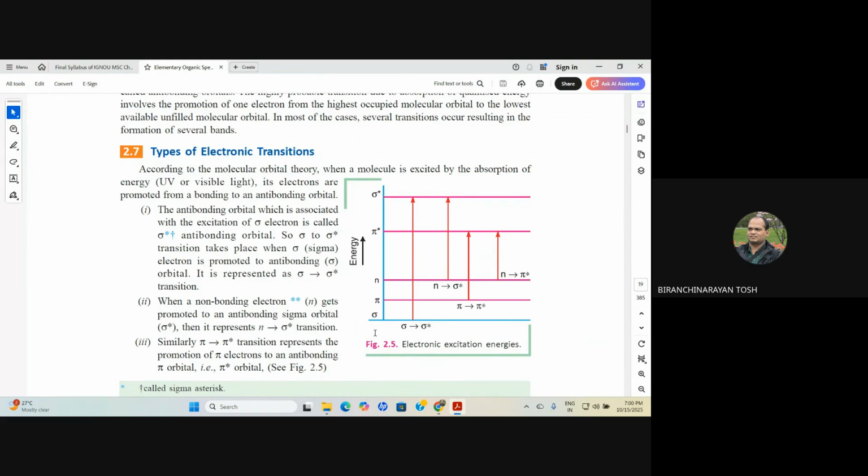So the difference between sigma bonding and sigma antibonding is very high. Then n, that means non-bonding, and sigma star, pi star, then n to pi star. So this is the difference of energy. Very high energy is required for sigma to sigma star transition. Then still lesser is n to sigma star, then pi to pi star, and n to pi star.